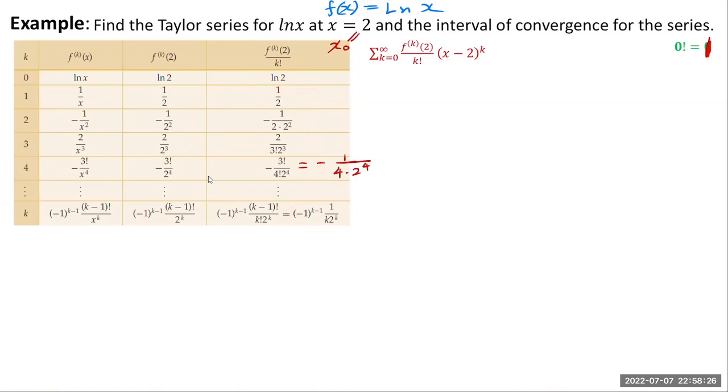Okay, so I'm going to write this series. This is the Taylor series that I'm looking for. This is going to be equal to, I'm going to separate out the first term. I plug in k is equal to 0.